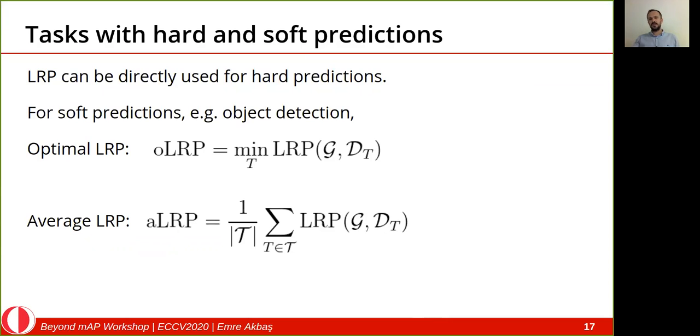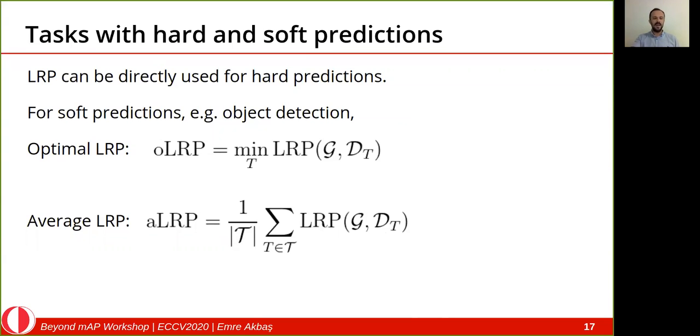For soft predictions, for example, object detection, remember the case with average precision where we do a systematic sweep on the detection threshold and we get the recall precision curve. Similarly here, we do a systematic sweep on the detection threshold, and then we get T versus LRP values, okay?